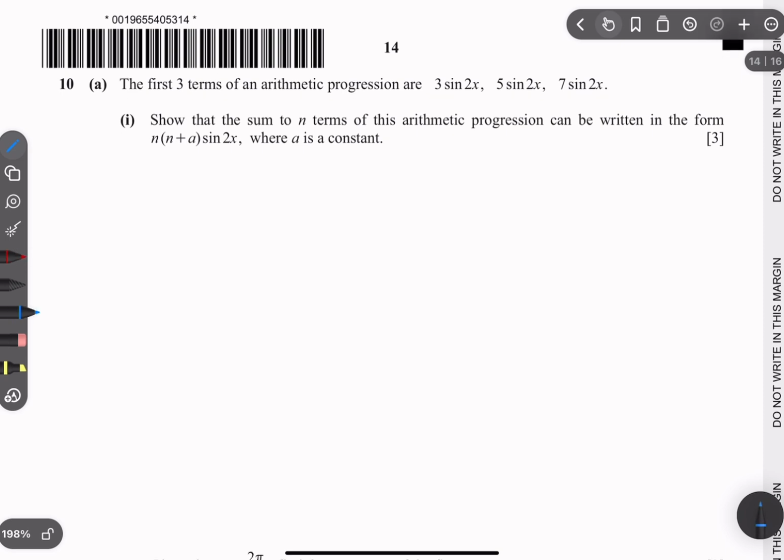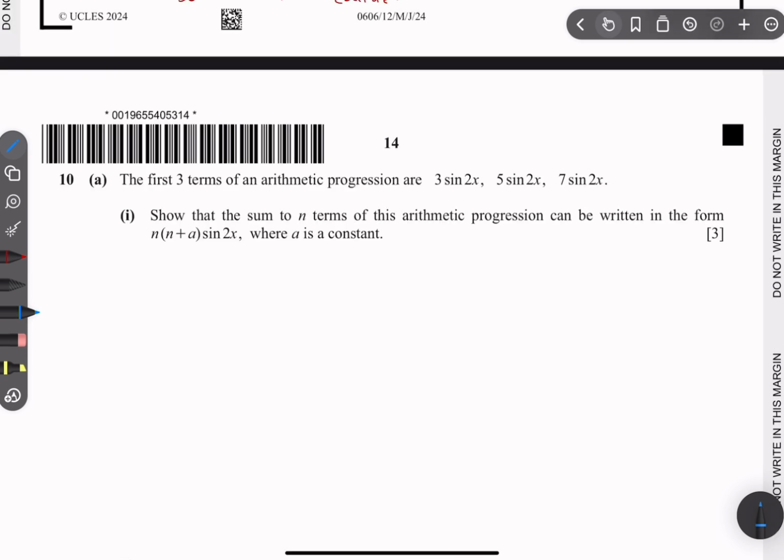Question 10. The first 3 terms of an arithmetic progression are this. Show that the sum of this arithmetic progression can be written in the form where a is a constant. Okay, so first we can write the sum of arithmetic progression formula, which is this.